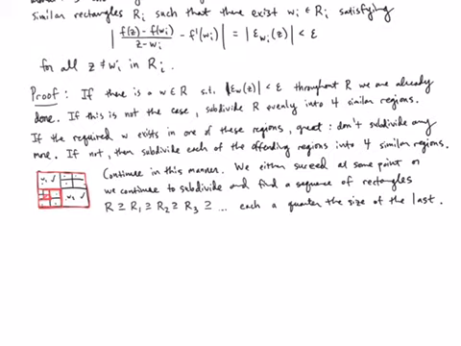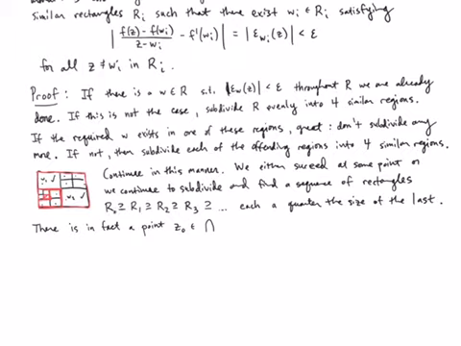So there is, in fact, a point Z0, which is contained in the intersection of all of these rectangles.